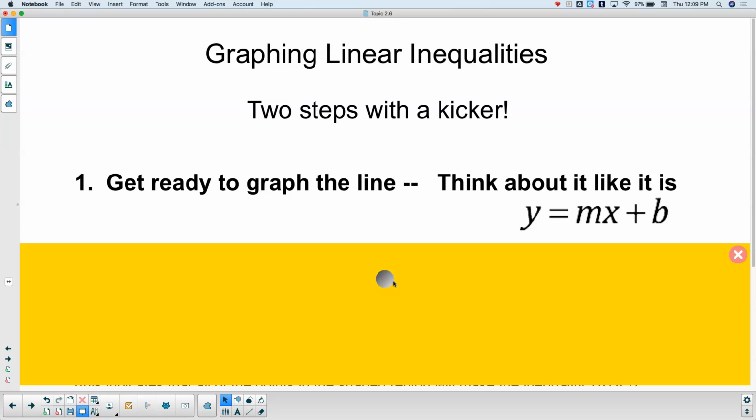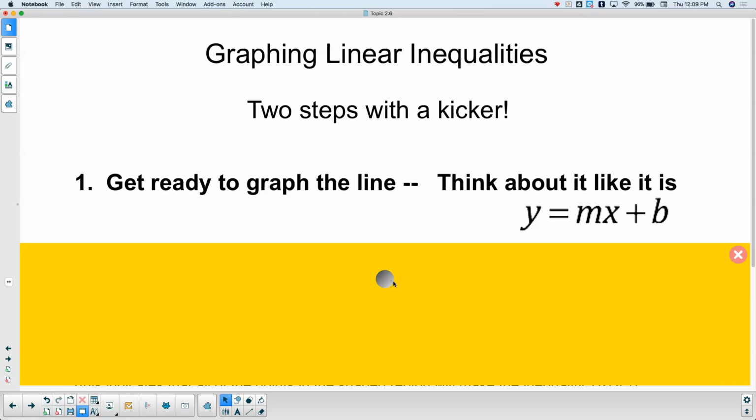So you're going to want to get it in y equals mx plus b form and graph it from there, or graph it how you've been graphing stuff before. You could do intercept forms if you wanted. You could do a t-chart if you wanted. But we're first going to think about it as if it were an equality.